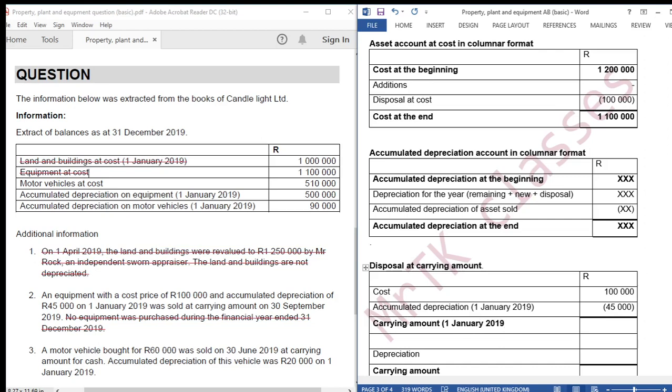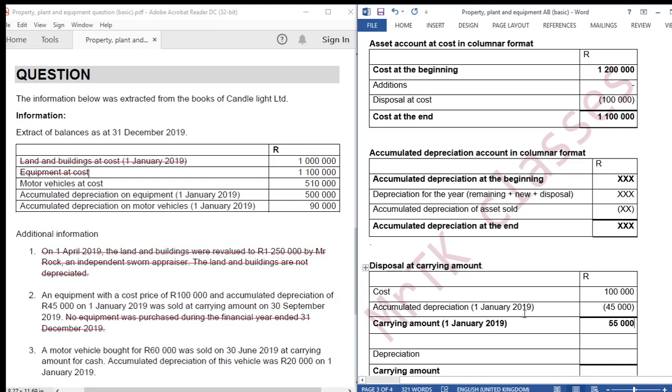The date of accumulated depreciation is the date of carrying amount because we would have subtracted accumulated depreciation up to 1 January 2019, which means the carrying amount will also be on the same date. All right, so 100,000 subtract 45,000, that's 55,000.